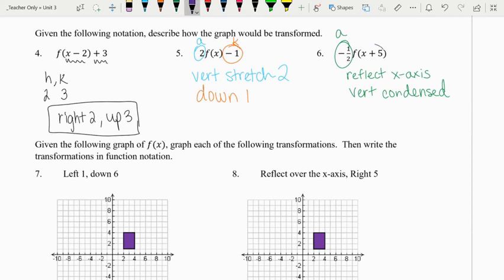And then we have this +5 on the inside. Remember, that means it's your h, which is opposite. So this means it would go left 5 because it's actually a -5. Now, this doesn't have to seem like the easiest thing in the world right now, but we are going to keep working with it for the next couple days. And it is a very important topic.